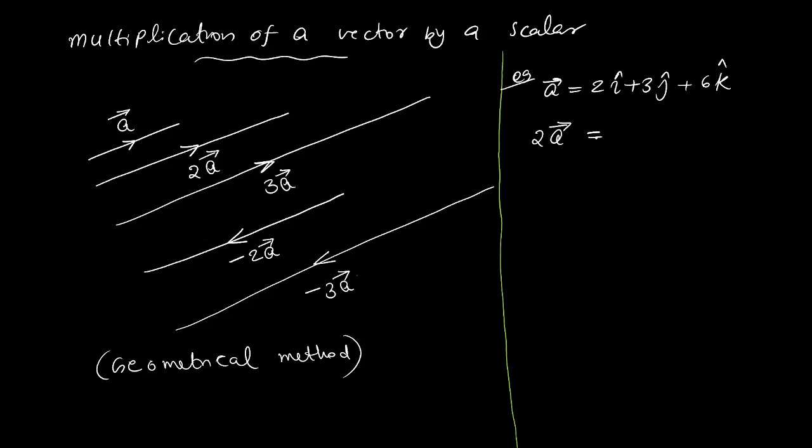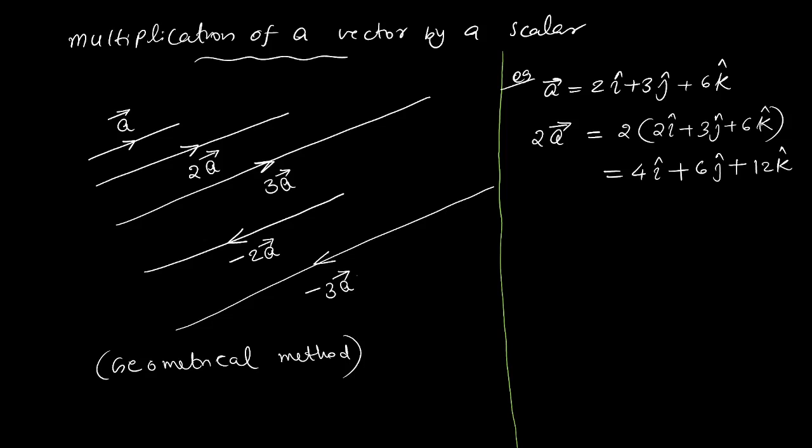In that case, the diagram is not required. 2 times a is obtained by 2 times a. You just write the step. Without drawing any diagram, we can find it. 2 times a, just open the bracket. 2 into 2, 4i. 2 into 3, 6j. 2 into 6, 12k.